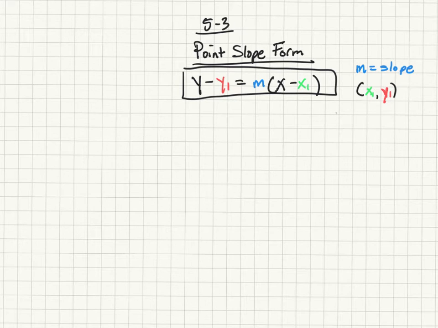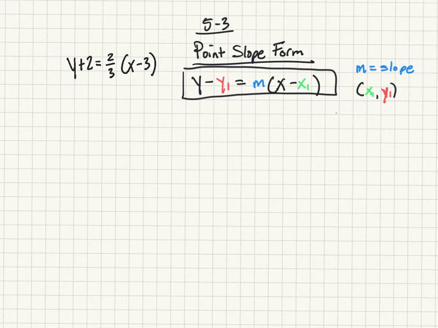So example 2 is they're going to give us the equation. I'll write it up here. Oops, not that one. They give us the equation, and we need to take the information out of the equation and be able to graph.